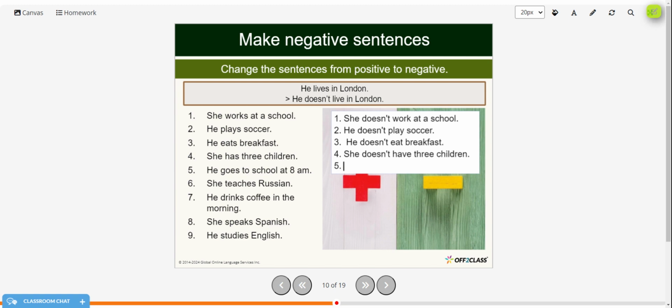Number five, he doesn't go to school at 8 a.m. Number six, she doesn't teach Russian. Number seven, he doesn't drink coffee in the morning.